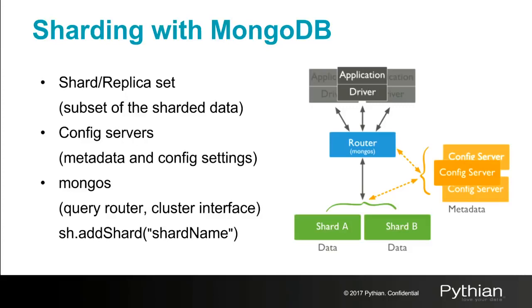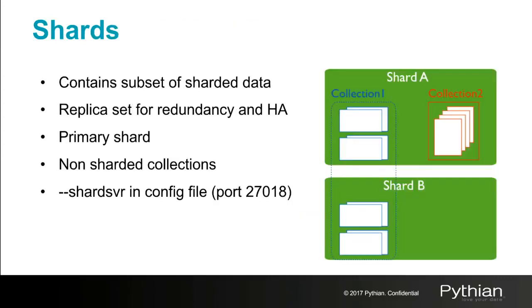Once we initially have a sharded cluster with one shard, then we can add as many shards as we want. So the shard, or a replica set in a MongoDB cluster, is a subset of the data, and it should be used as a replica set to provide high availability.